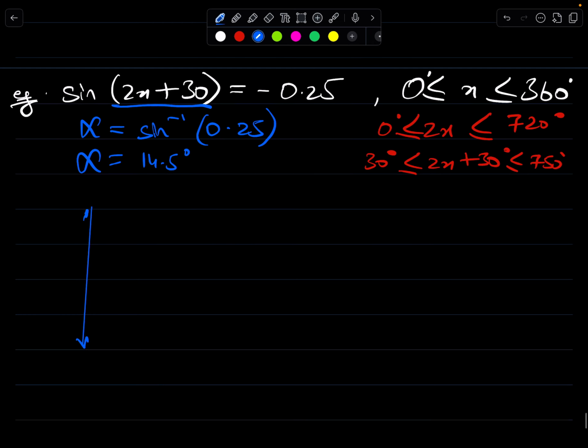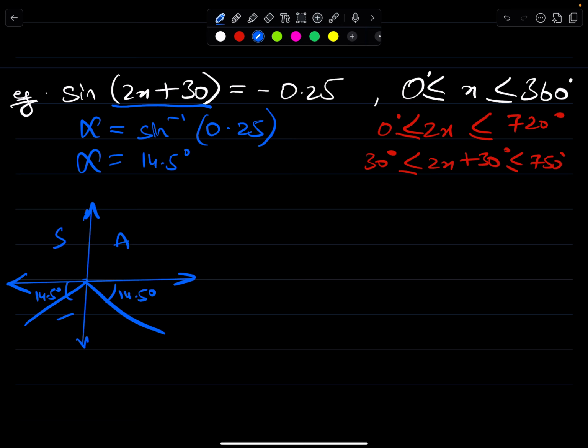This sign again will help us in determining the quadrants in which the answers lie. Sign is negative in the third and fourth quadrant. Thus, this is how the graph will look.